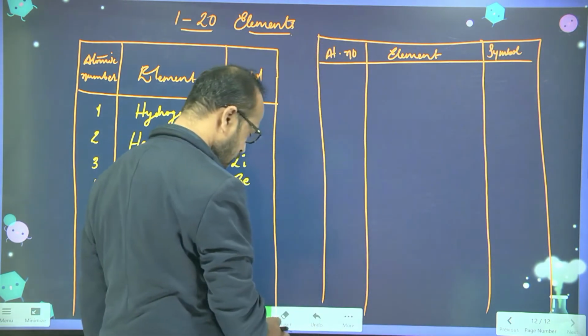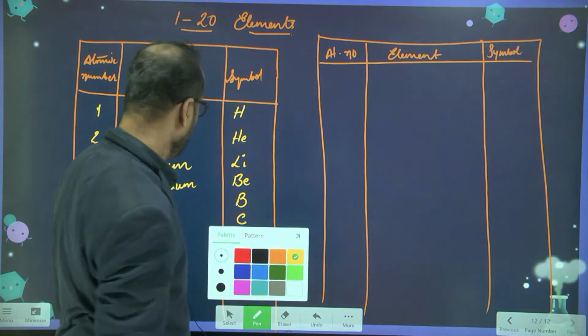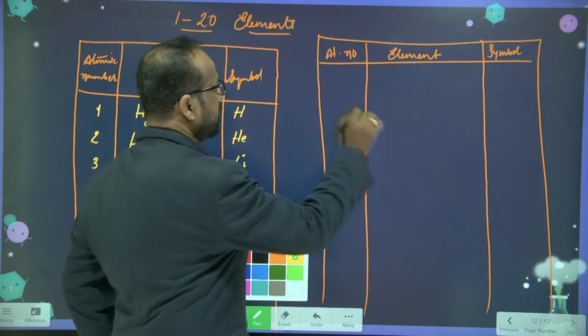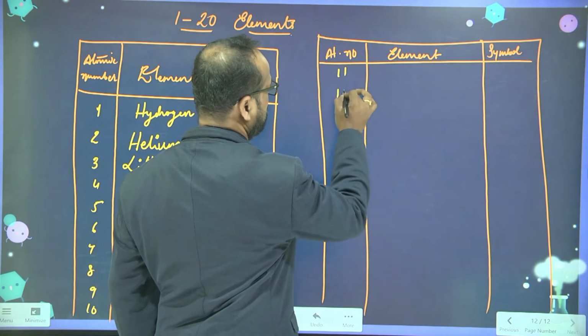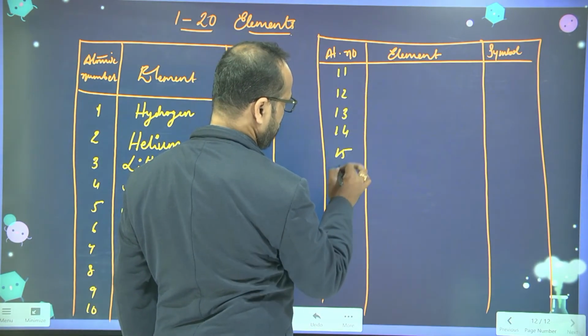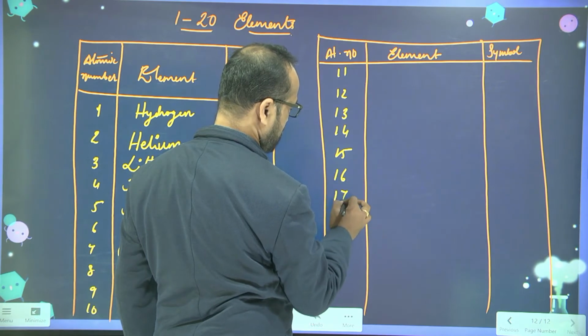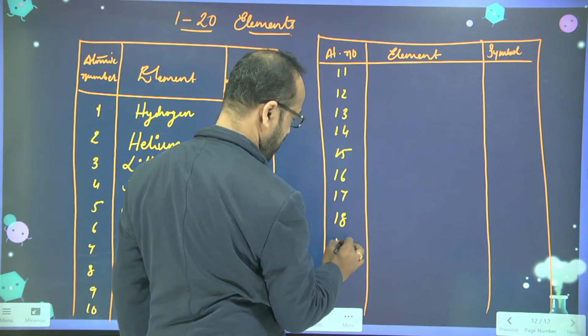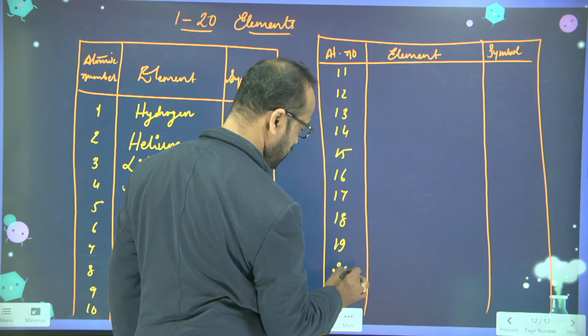Right? Now, our first 10 elements are done. Now the 11th element. 11, 12, 13, 14, 15, 16, 17, 18, 19, 20.